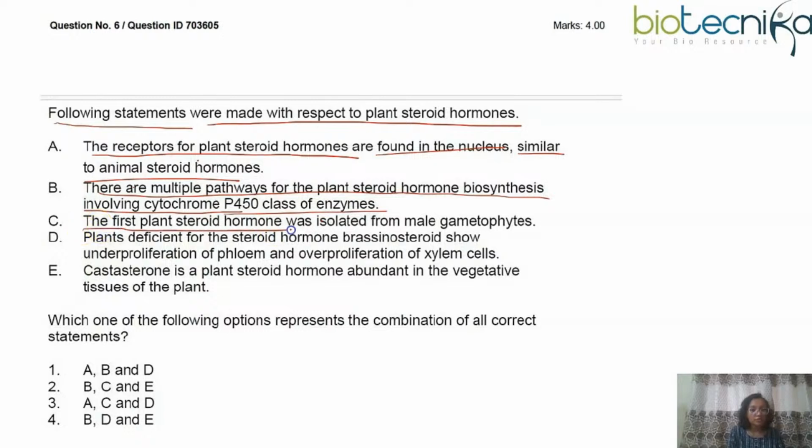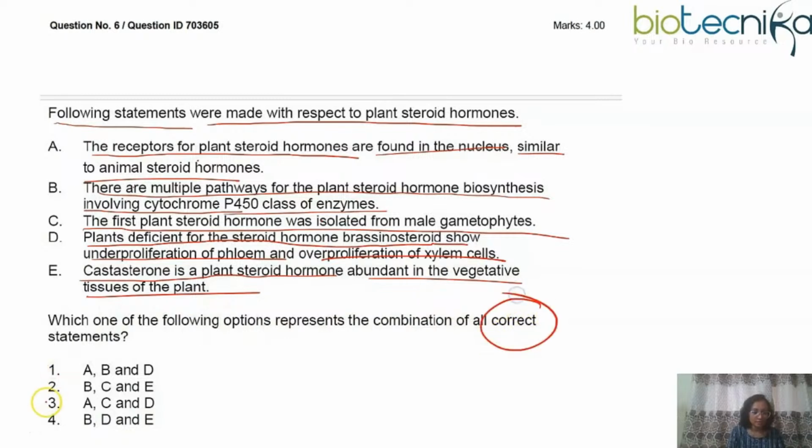The first plant steroid hormone was isolated from male gametophytes. Plants deficient for the steroid hormone brassinosteroid show underproliferation of phloem and overproliferation of xylem cells. Testosterone is a plant steroid hormone abundant in the vegetative tissues of the plant. Which one of the following options represents a combination of all correct statements?